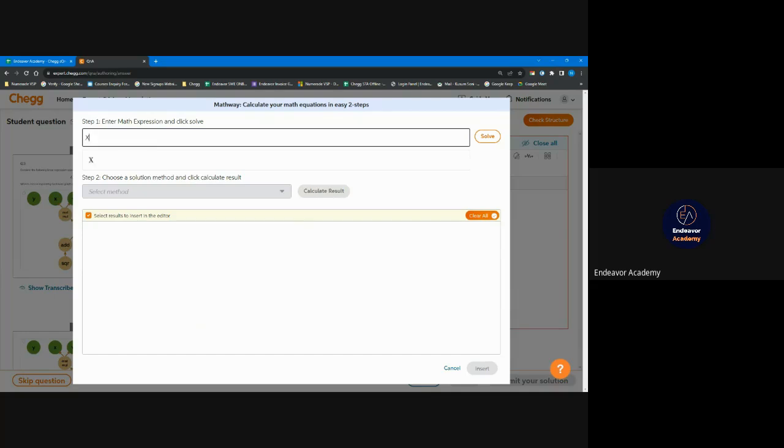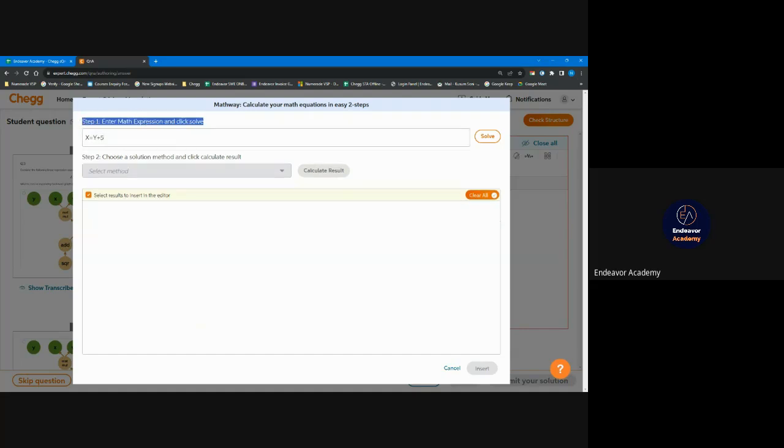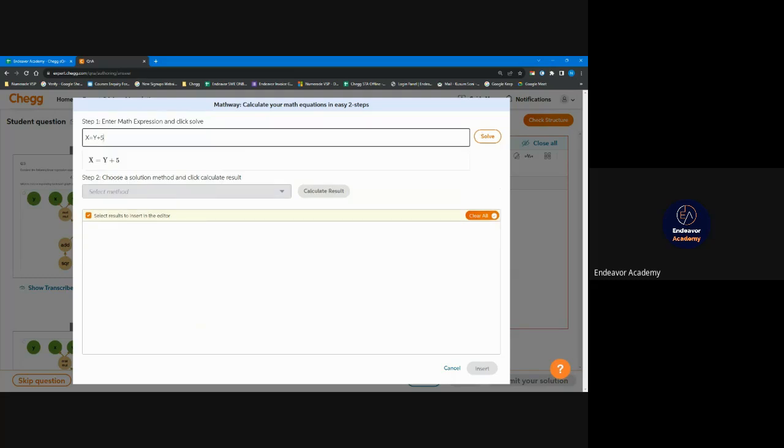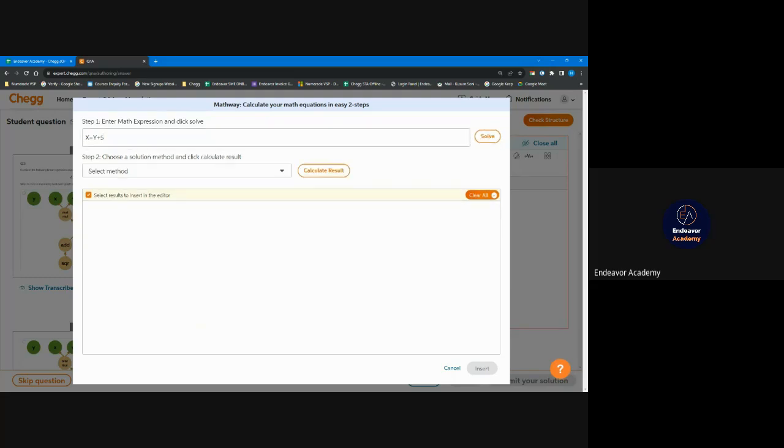So let's say I want to solve x equal to y plus 5. If I want to solve this mathematical expression, I will write the expression here and click solve. After I click solve, it will ask me what I want to do with this particular equation. I can solve it for x, y, draw its graph, find the y-intercept, x-intercept, or diagrams, or find its standard form, slope, derivation, and all these things, which we can calculate using this equation.